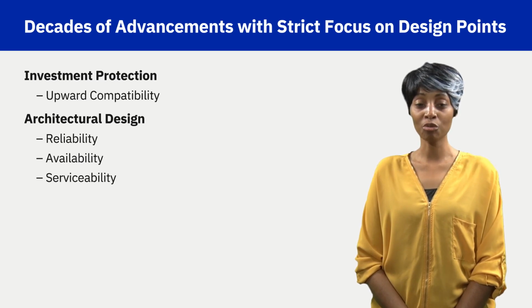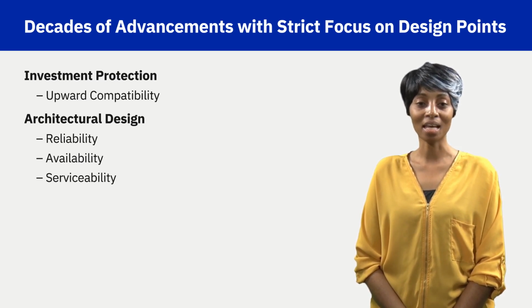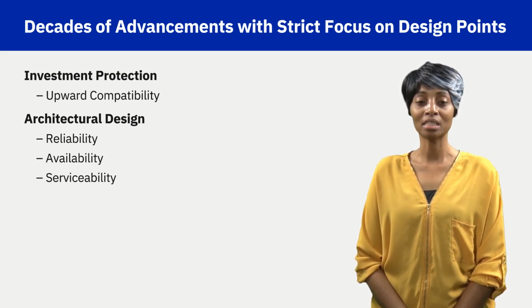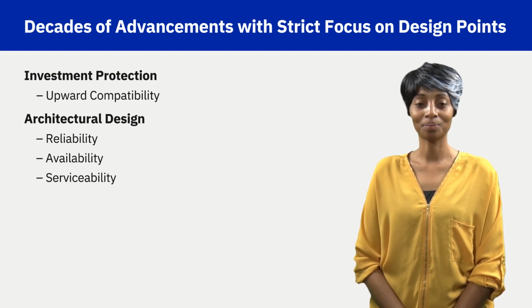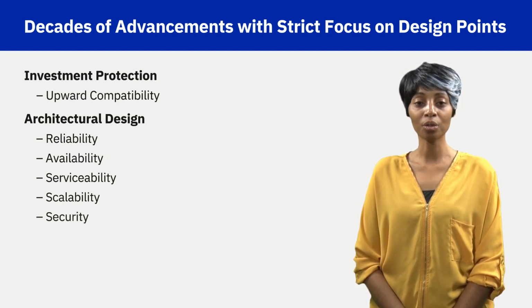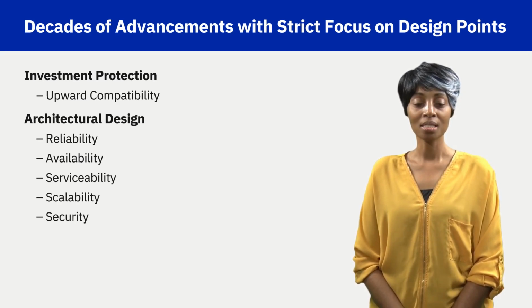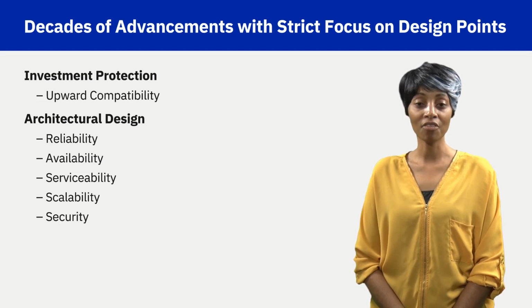RAS addresses the requirement for these business services to be operational 24 hours a day, 7 days a week, 365 days a year. During the past few decades, scalability and security became critical mainframe design points together with reliability, availability, and serviceability.